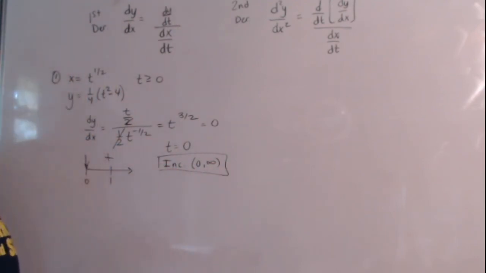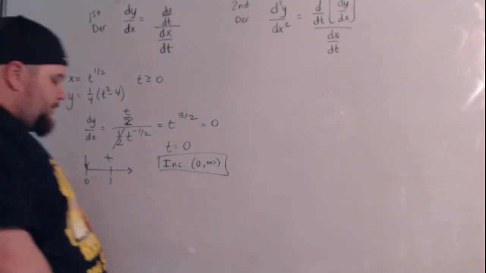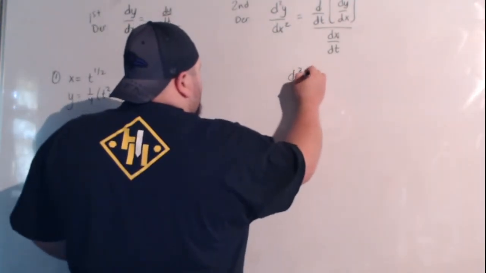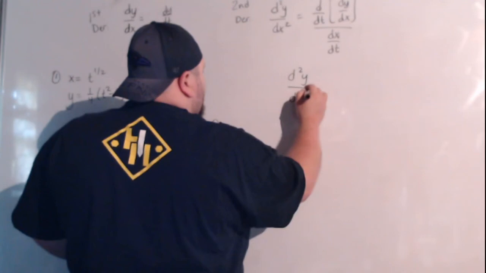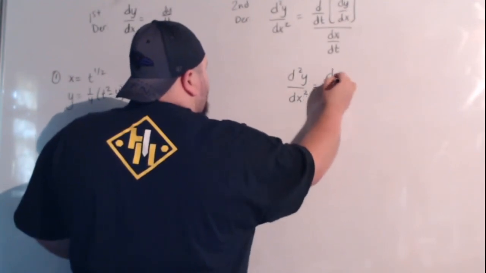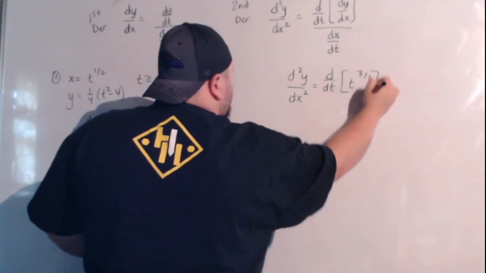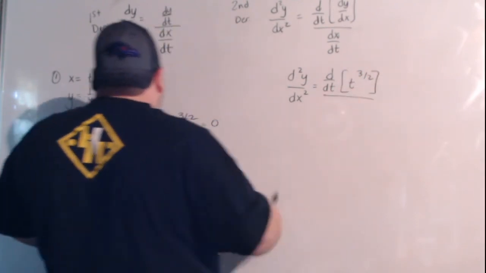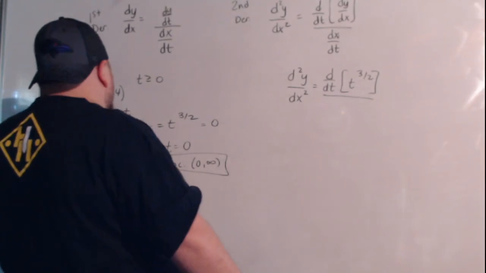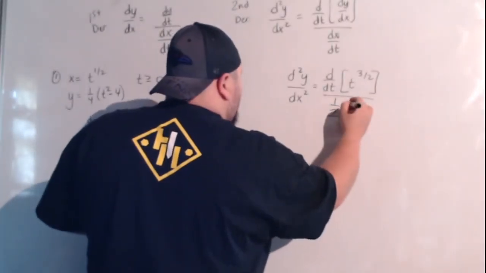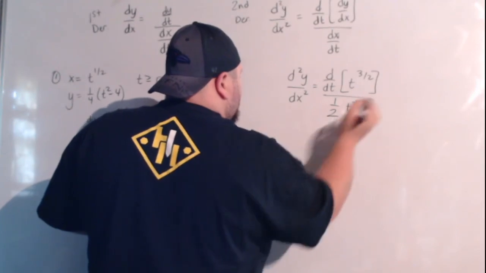And now we want to do the second derivative because we want to know concave up and concave down. So for the second derivative, take the derivative with respect to t of the first derivative and divide that by dx/dt, which was 1/2 t to the minus 1/2.